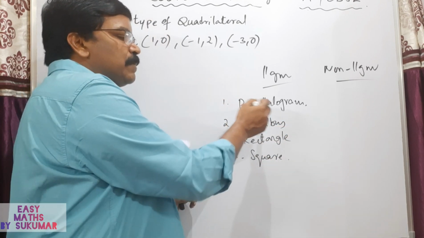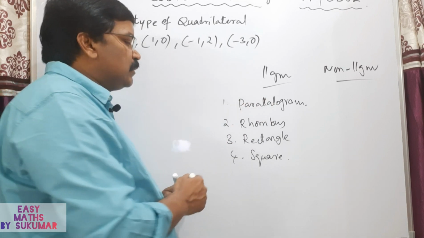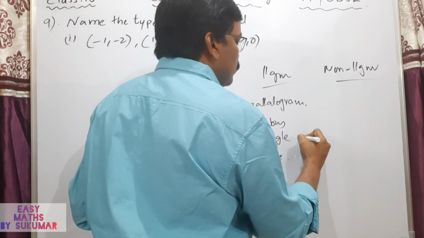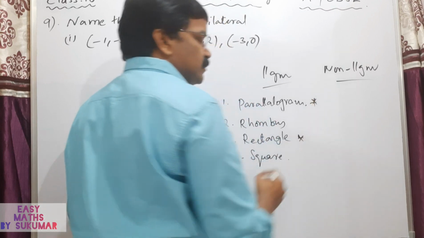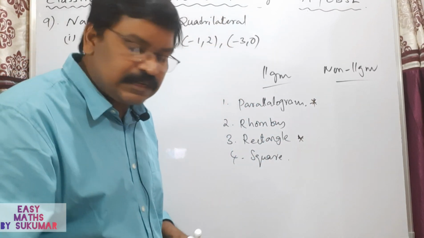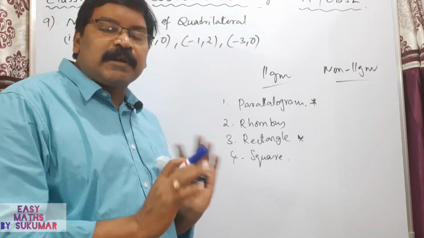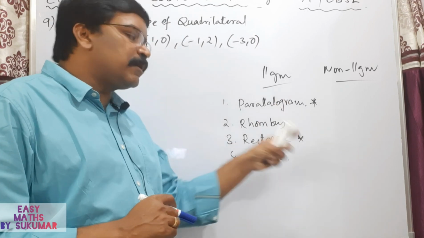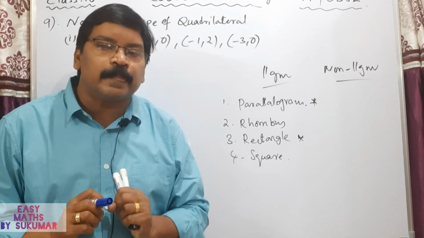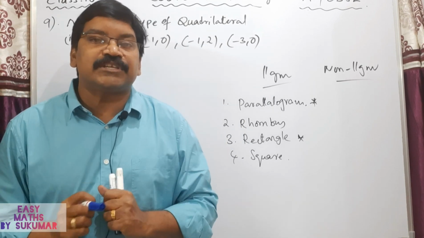See my dear students, in a parallelogram only opposite sides are equal. Even in the rectangle, opposite sides are equal. But what is the difference between a parallelogram and rectangle? In a parallelogram, the diagonals bisect each other.